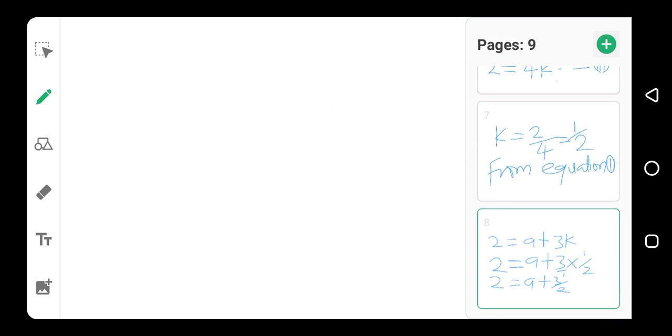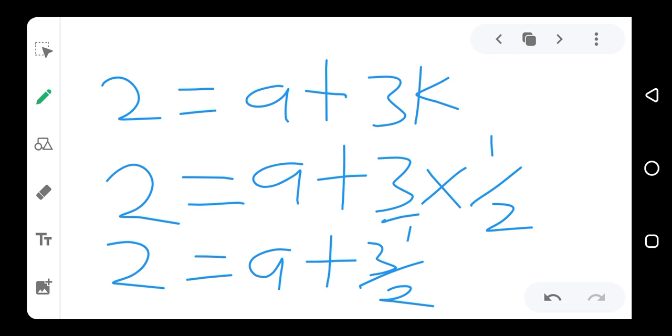Now, the LCM, here we have a, it is the same thing as saying a over 1. So LCM between 2 and 1, we have 2 as the LCM. Now, we say 2 divided by 1, that will give us 2, and 2 times a will give us 2a.